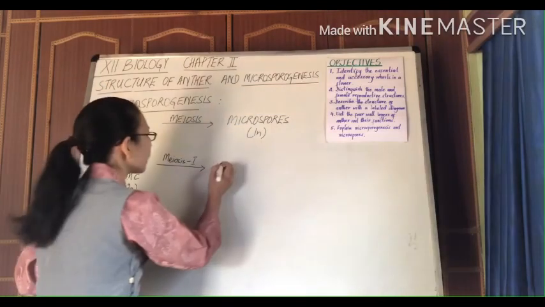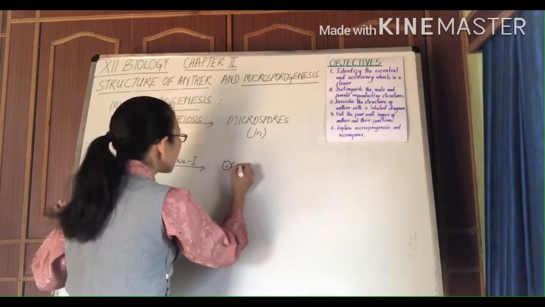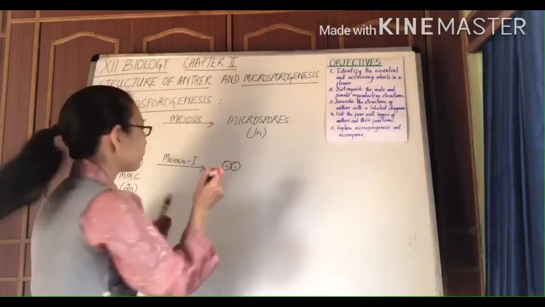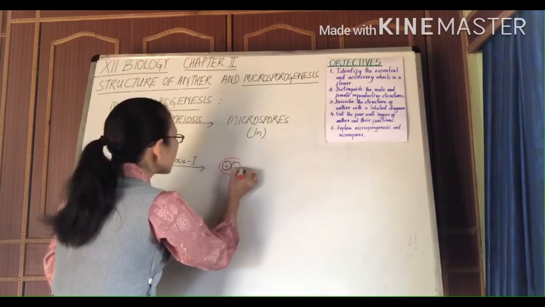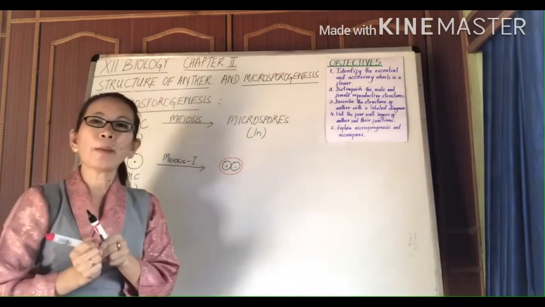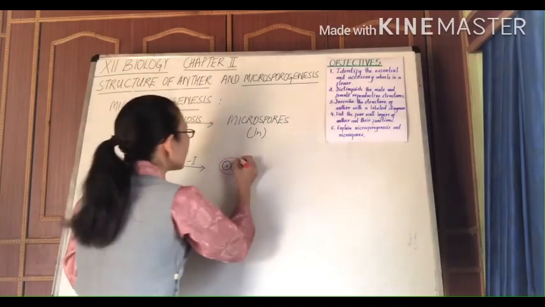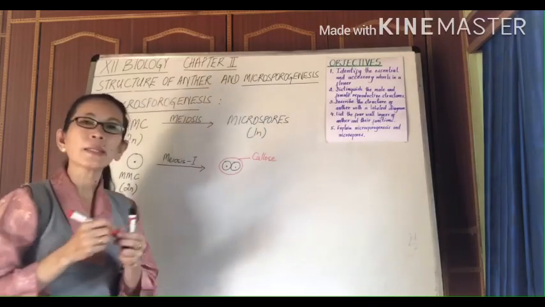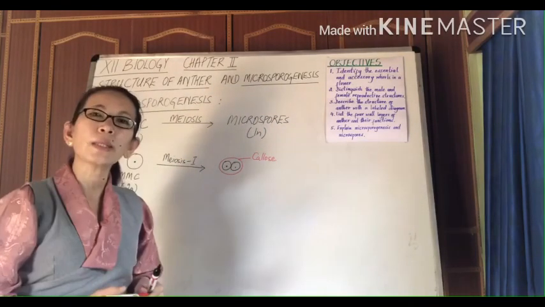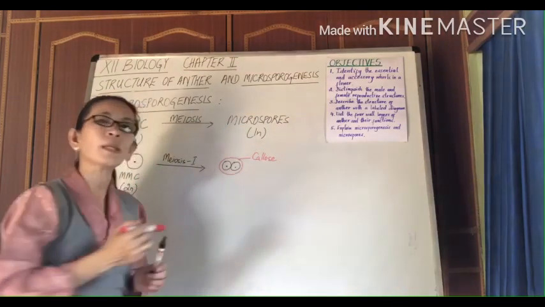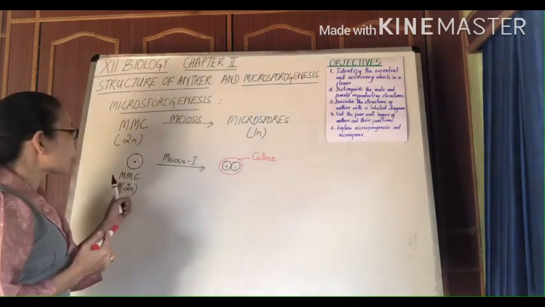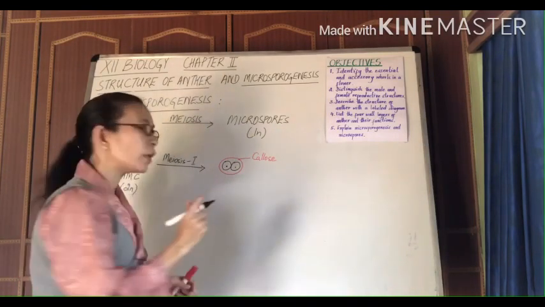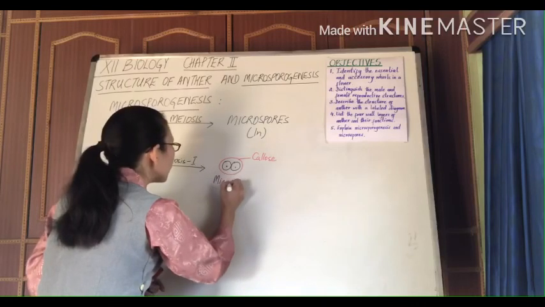And these two daughter cells are usually enclosed in a membrane. So let's say the daughter cells are enclosed in a membranous body, right? And this membrane is known as the callose membrane, right? It is a polysaccharide. So a callose membrane encloses the two daughter cells obtained from an MMC by the first meiosis. And these two daughter cells hence are collectively known as a microspore dyad.